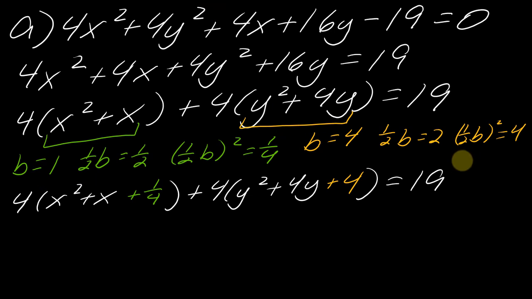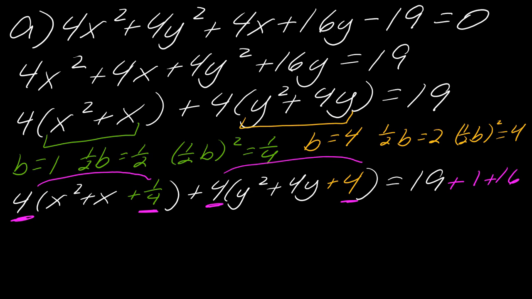When I add a number to the other side, I have to take into account not only the number I added, but also the fact that I need to bounce it off of the 4 here. You got it? So if I take 4 times 1/4, what does that give me? That gives me 1, and if I take 4 times 4, that gives me 16.